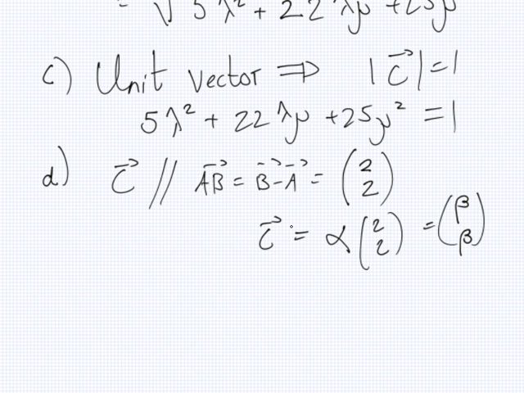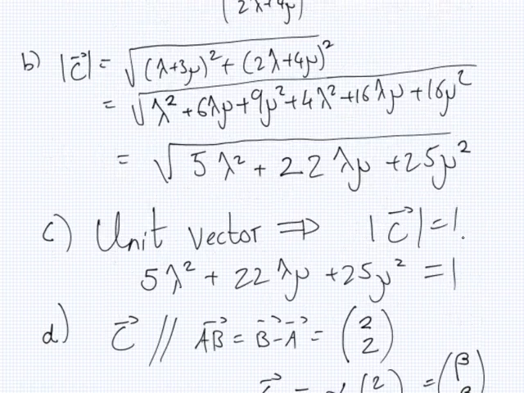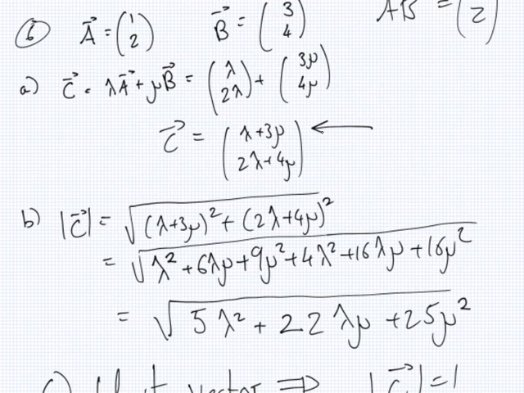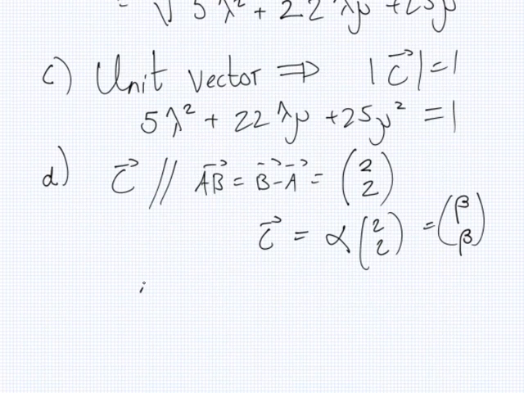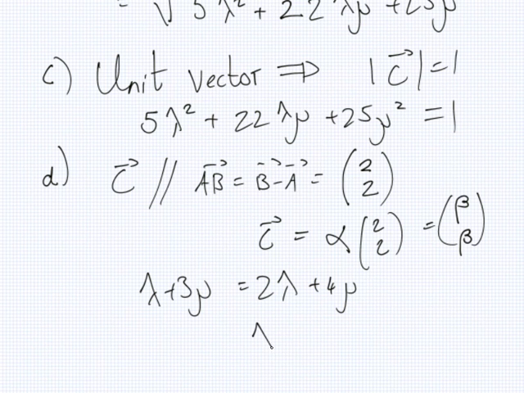If C is parallel to 2, 2, it's just a way of saying that the 2 components must be the same. So this component must be the same as that. So you can say that lambda plus 3 mu is 2 lambda plus 4 mu. Or another way is just saying lambda plus mu equals 0. That is how you can simplify this.